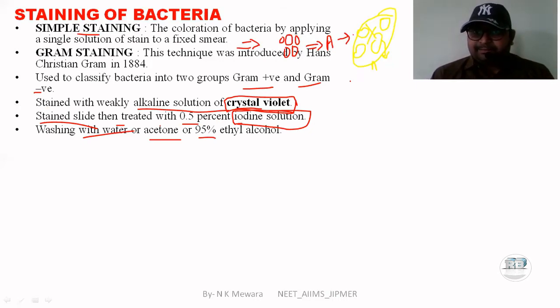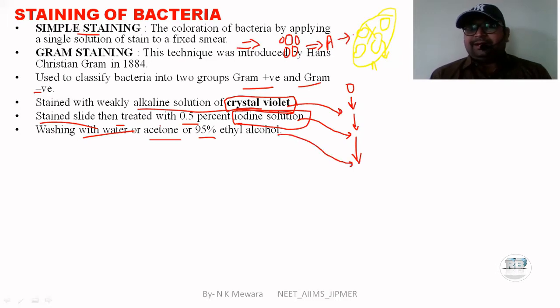Firstly the bacteria are treated with crystal violet, then with iodine solution, then with ethyl alcohol or acetone. The result is either the coloration is cleared, or the coloration is retained and not cleared.